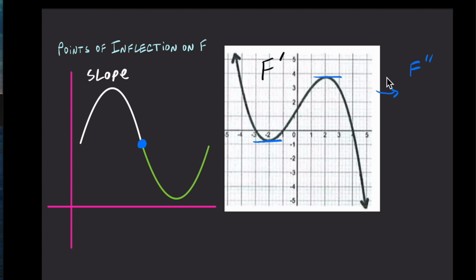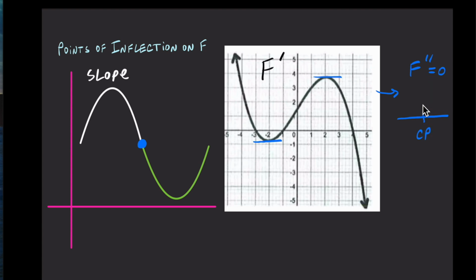And remember how we find points of inflection when we're given the function itself, no graph. What we do is we set f double prime equal to 0, and then we investigate on both sides of that critical point. Or we set f double prime equal to undefined.